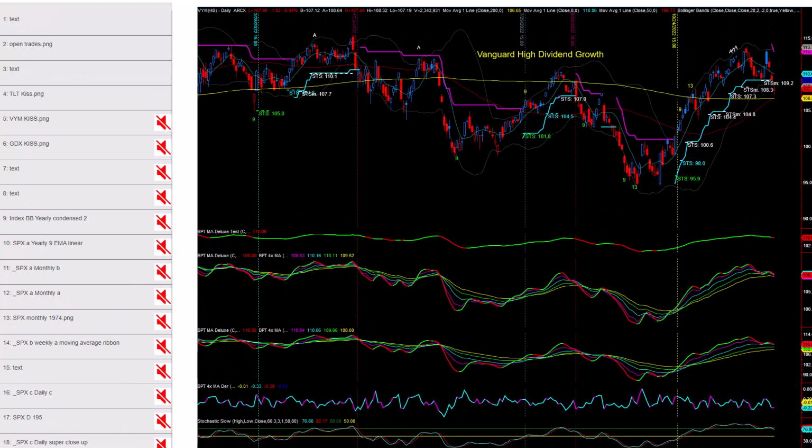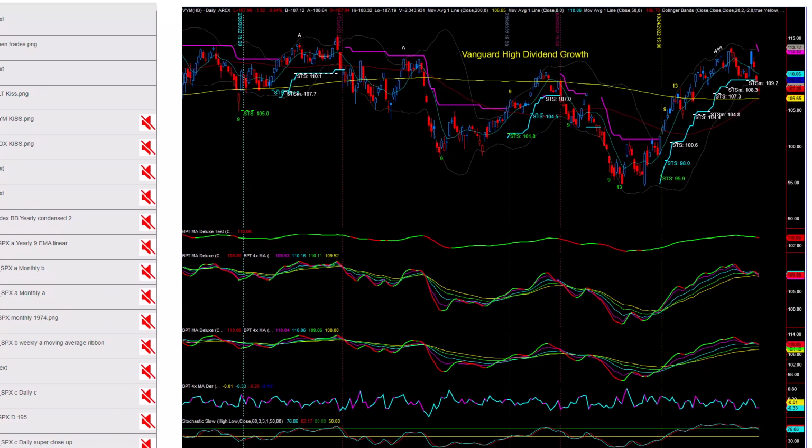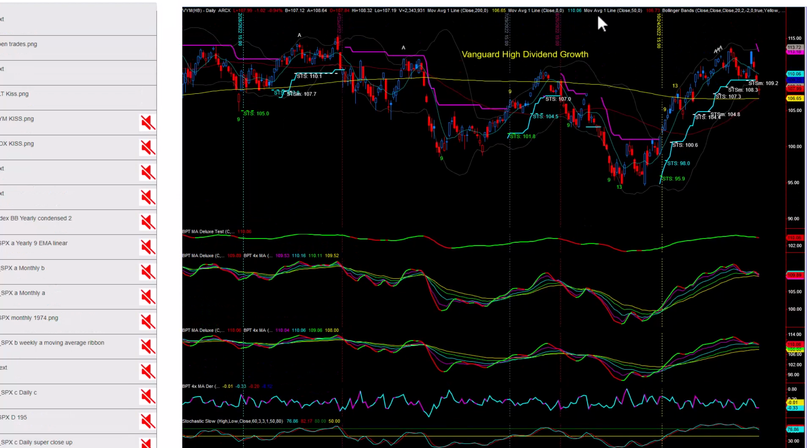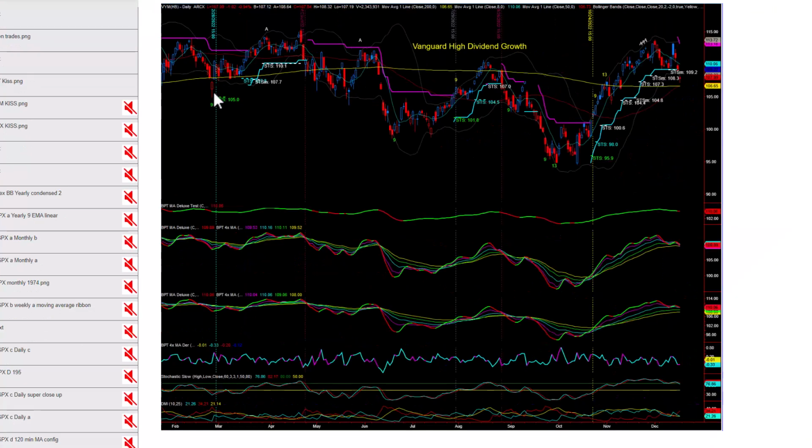Next, image number 5 here is VYM. That's the Vanguard Value Dividend High Growth ETF. And the KISS Trend System has done a great job for that this year, as you can see. It went long here in late October. It raised its stop 3, 4, 5, 6, 7 times.